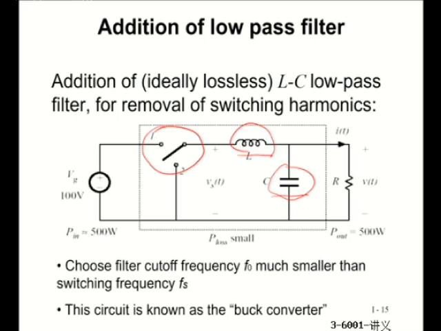Then the square wave over here, after this low pass filter, is going to be only having DC value or average value at the output side. So it's going to be only 50 volts DC at the output side. AC components can be eliminated by the low pass filter. So this is going to be the solution.